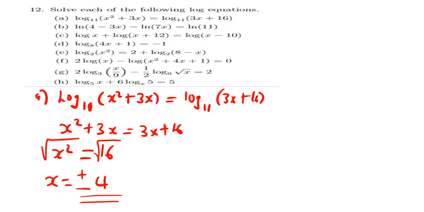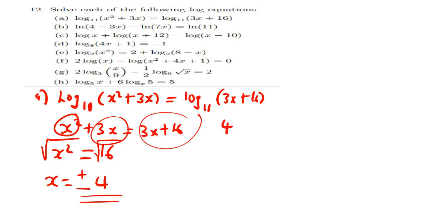But for logs you have to be very careful, because you need to check whether your solutions are valid. If I place a 4 here and a 4 there, am I going to get the other side? And if I put a negative and a negative, am I going to get that? Let's try the proof. Let's try 4 as a positive number.